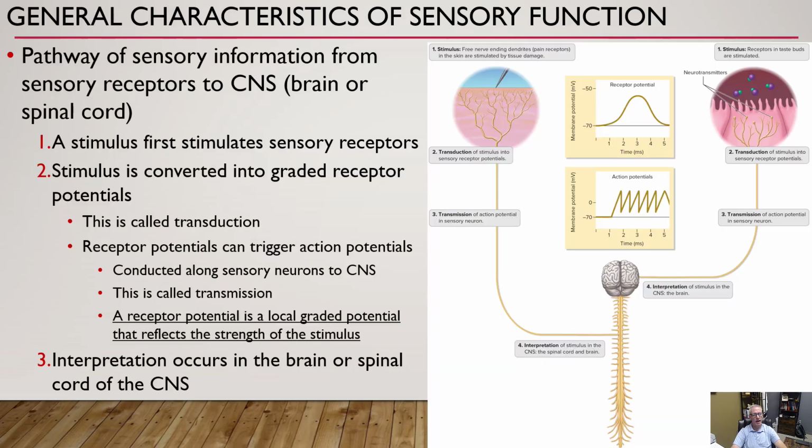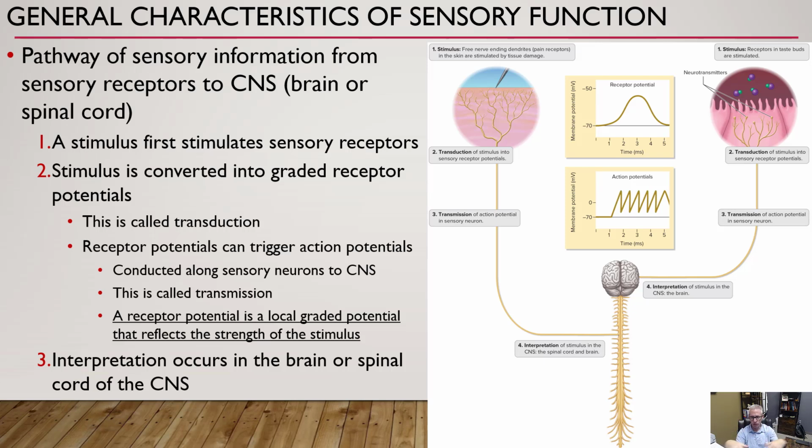We talked about the action potential and the receptor potential back in chapter 9 a little bit, when we talked about skeletal muscle contraction, and in chapter 10 when we talked about the -70, -55, up to +30 and everything. Our special senses work in the same way, but we're going to put more definitions onto what actually is happening.